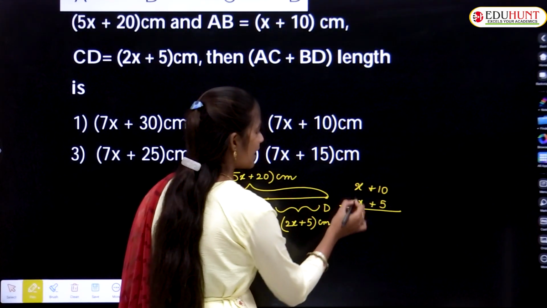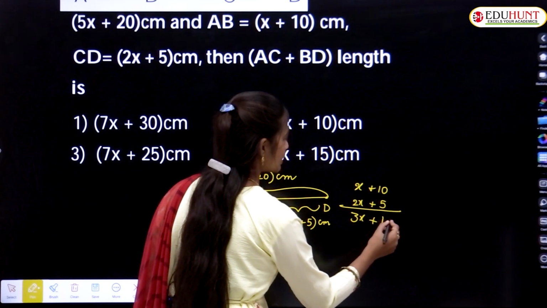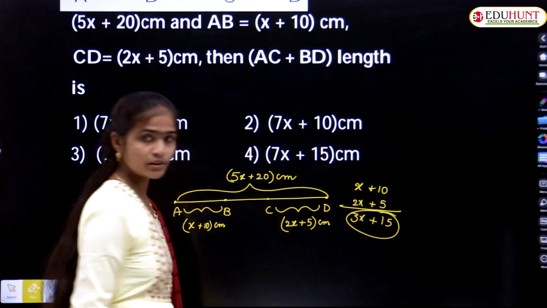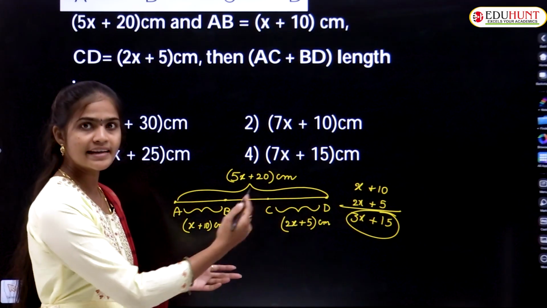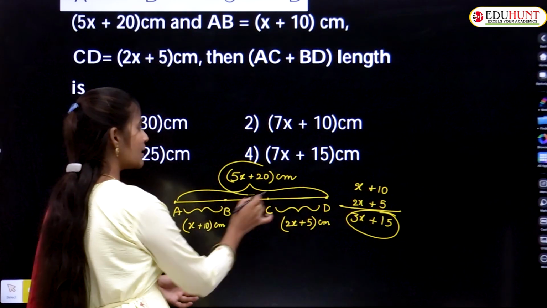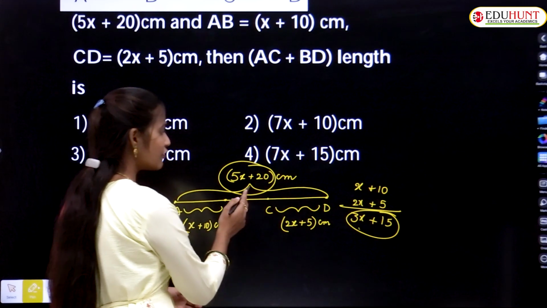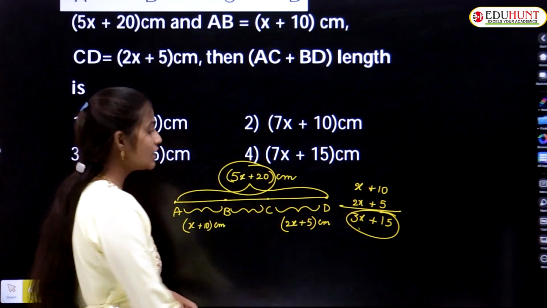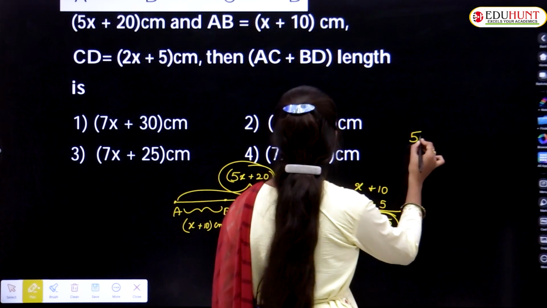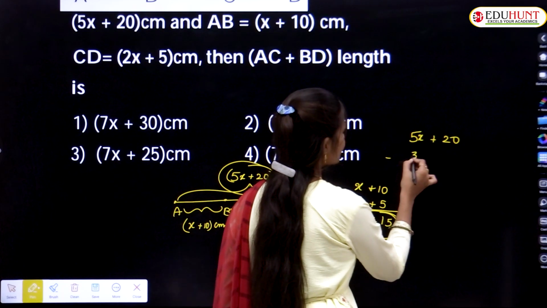So see here, x plus 2x is equal to 3x, plus 10 plus 5 is equal to 15. While adding these two parts, we are getting 3x plus 15. The actual total measurement is 5x plus 20. If you subtract this result from the total, then only you will get this part's measurement, right? So here 5x plus 20 minus (3x plus 15).